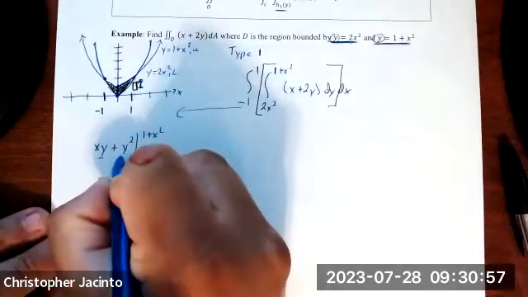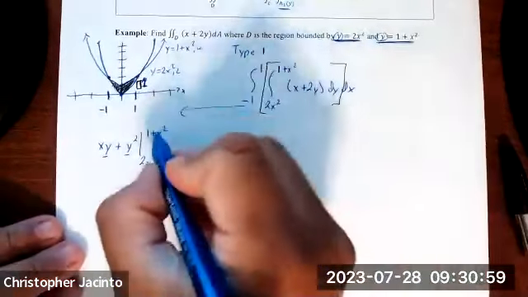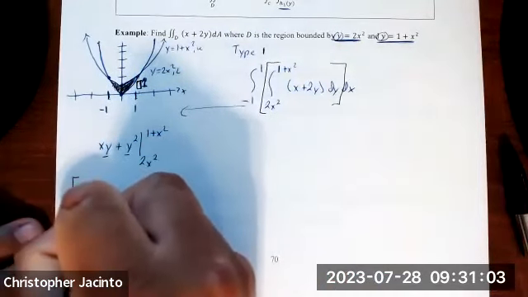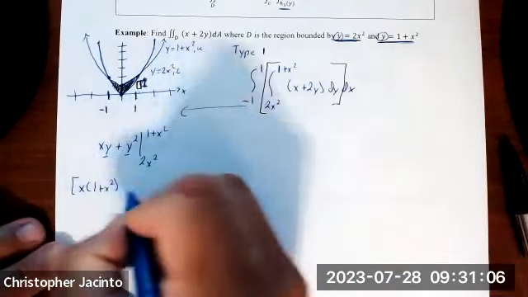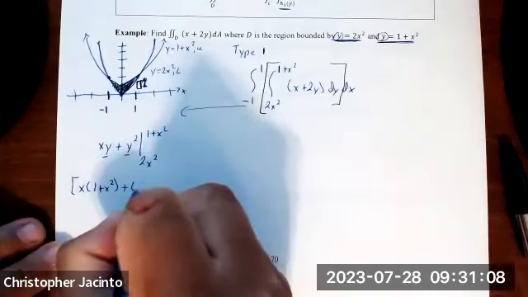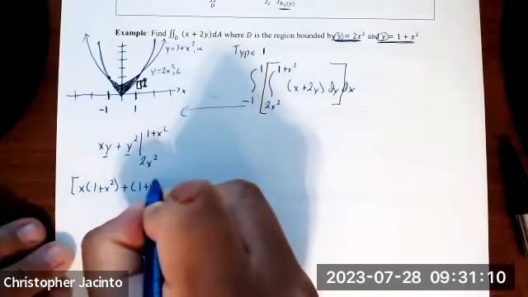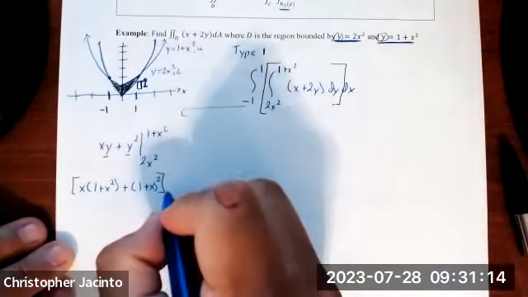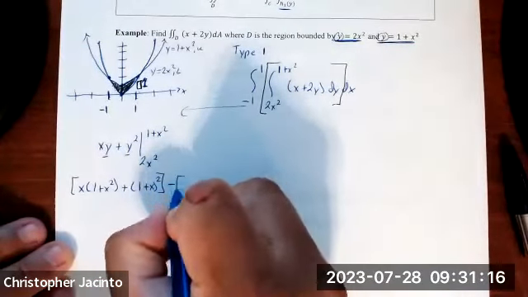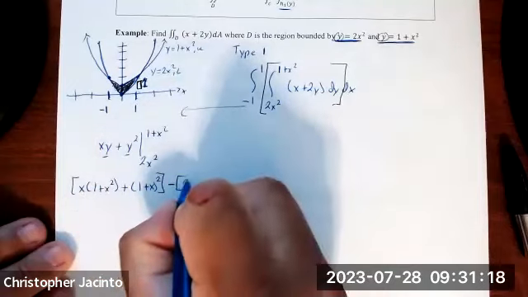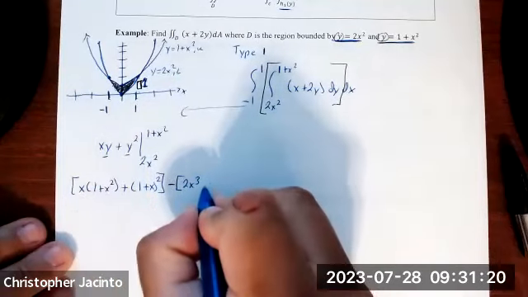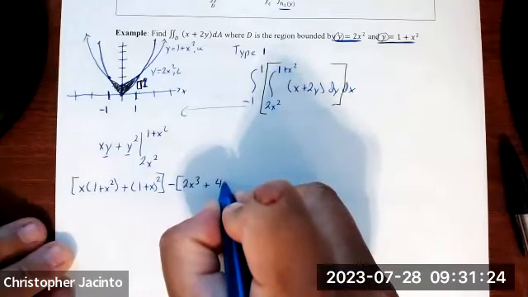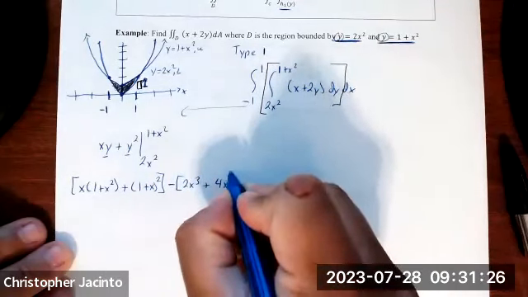So if I plug this in there, I'm going to get x times 1 plus x squared plus 1 plus x squared. That's the first part. Minus, you plug this in. So 2x to the third plus 4x to the fourth.